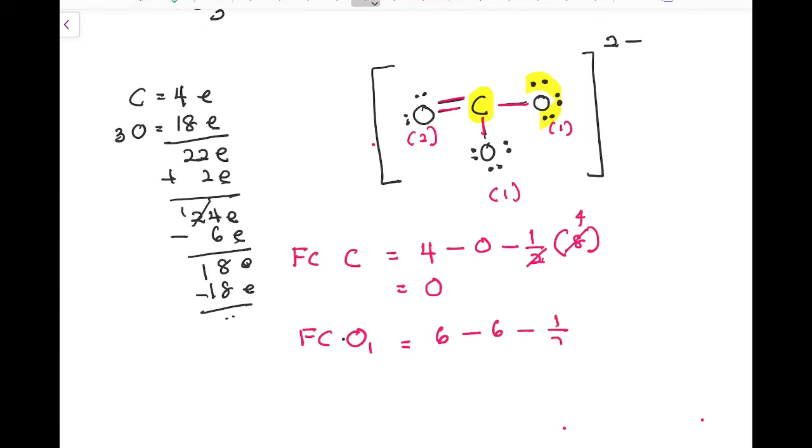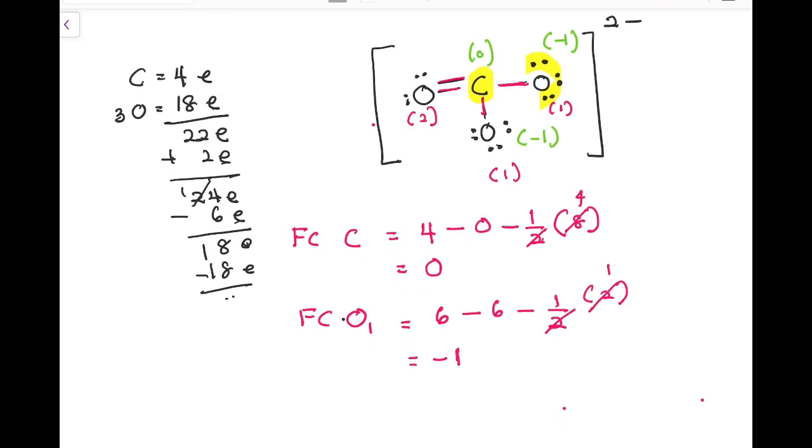Minus half of the bonding electrons, which is 2. So it becomes negative 1. So we can put the value here. This is negative 1 and this one also negative 1. This one is 0.